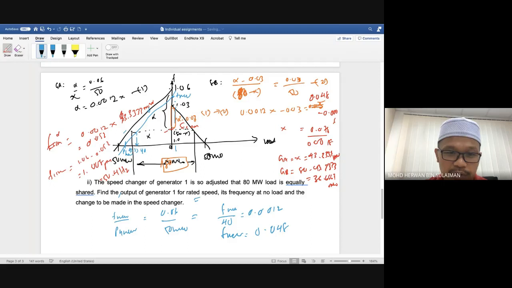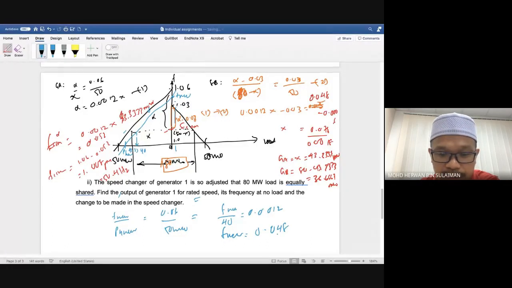But now we know already that here our x is 40 because we want to reduce the value, the excess is 3 megawatts, right? So you know here is 40. So we can find relationship F new divided by 40 is equals to the slope 0.048. So this one is 0.048 lah.